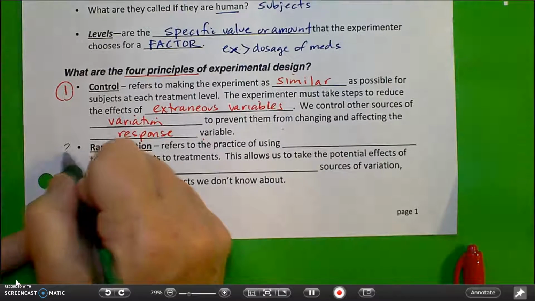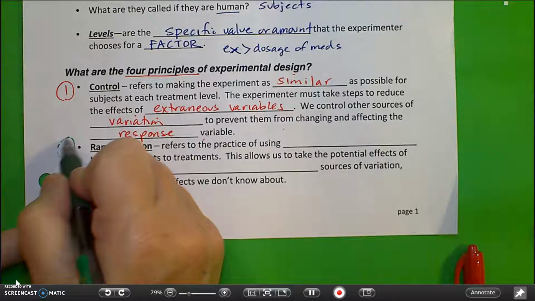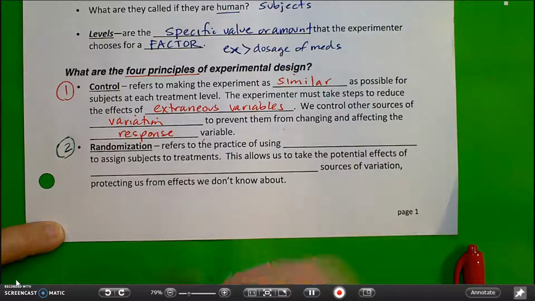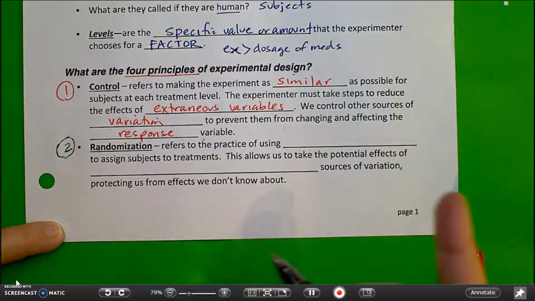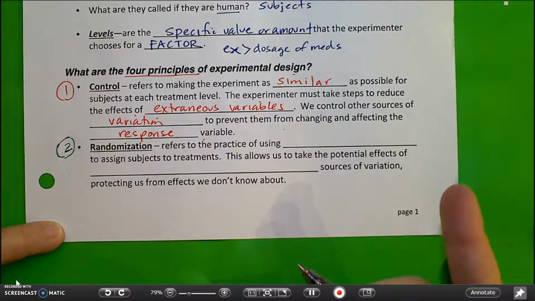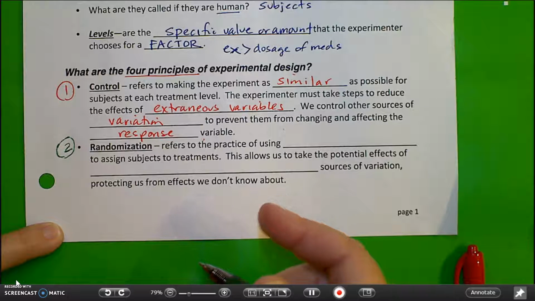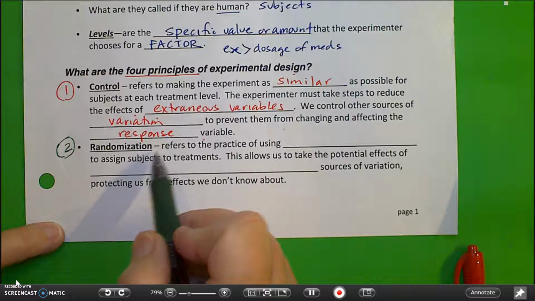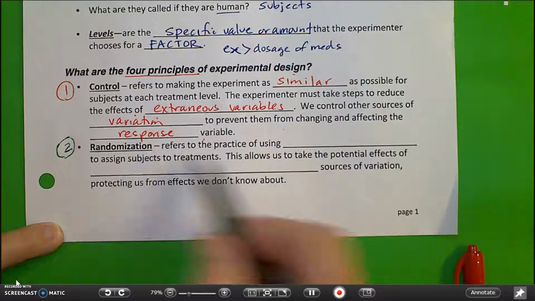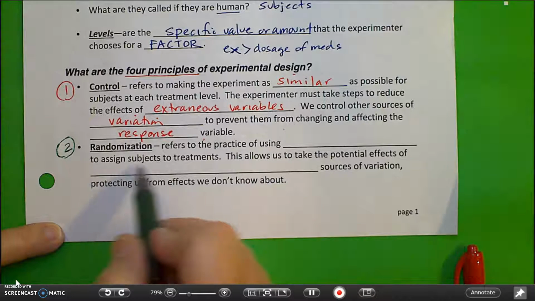The next piece is randomization. We already know that randomization is important in surveys, and randomization is something that we have to deal with as far as getting results from simulations or any kind of study that we do. But in this case, randomization in the experiment refers to the practice of using chance methods to assign subjects to treatments.